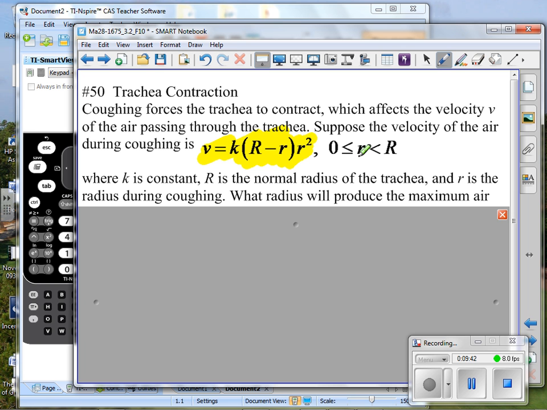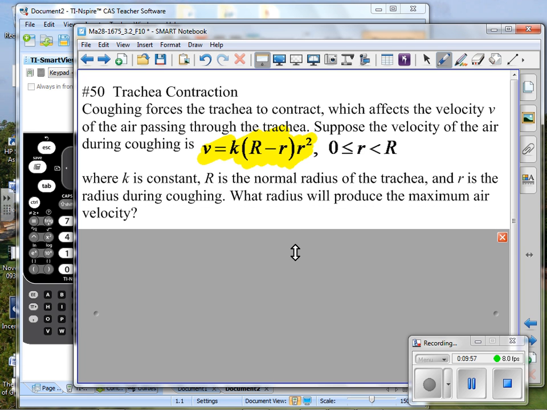When you're coughing and it's contracting, I don't think it's going to get larger than what it is normally, right? So it can't go greater than capital R. Can it go less than 0? Let's hope not. Okay, what radius will produce the maximum air velocity? That's the question.